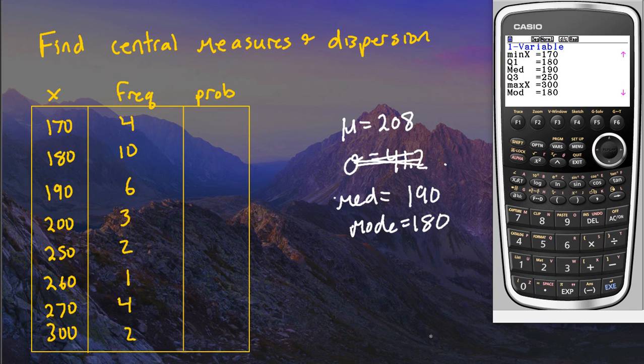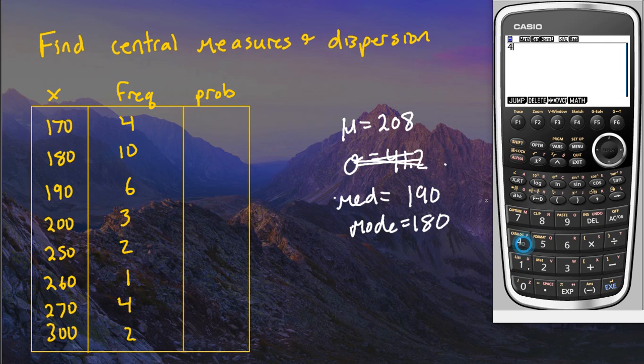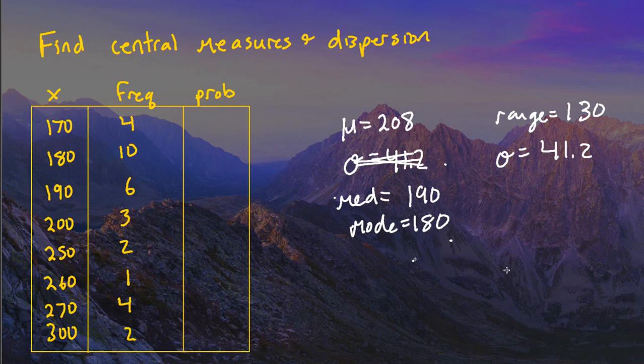Now, if I wanted my variance, I'll get out of this, and I would do my standard deviation, which was 41.2. I would want to get more decimal points than that. And if I square it, I get my variance. So 1,697. Okay, and that wraps that one up.